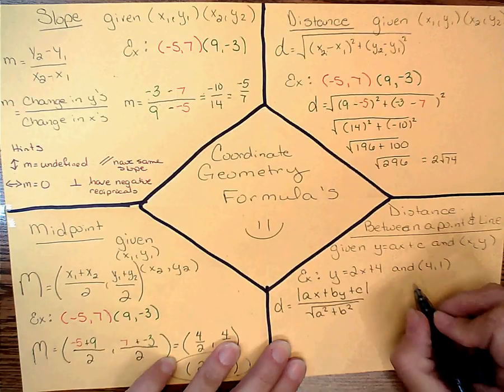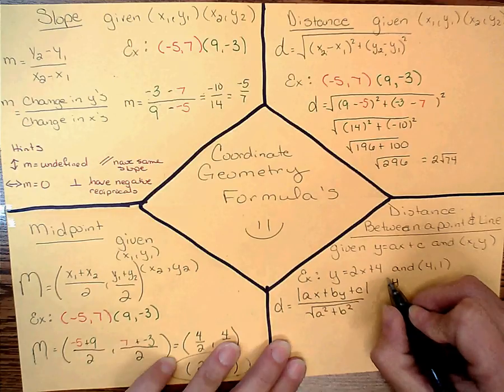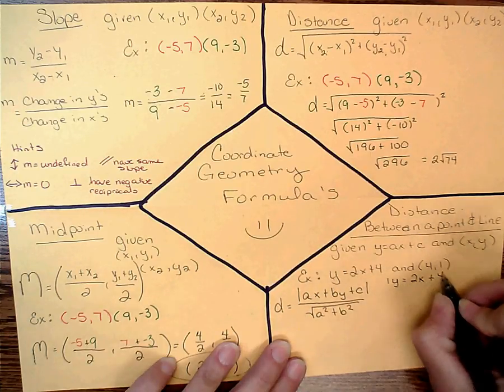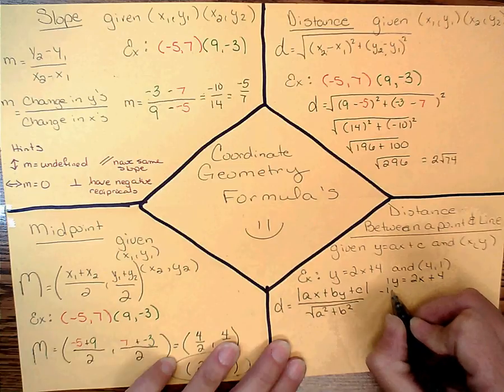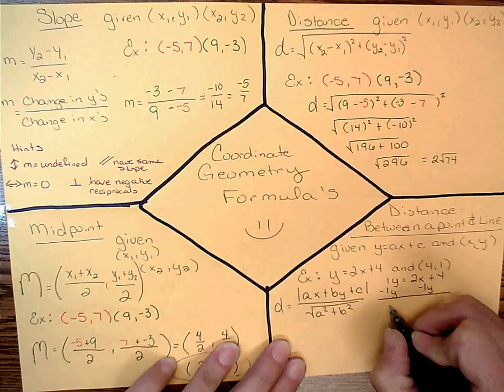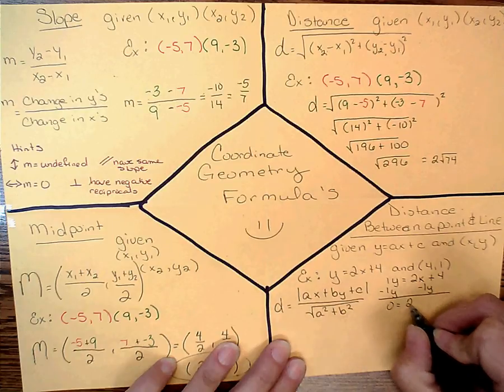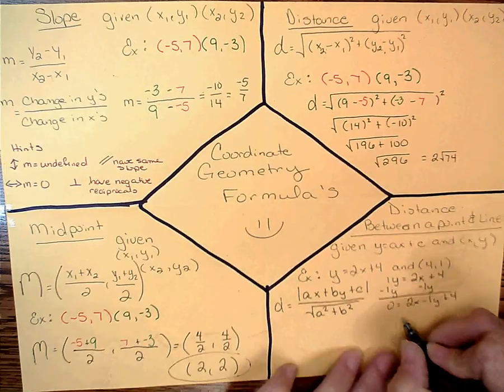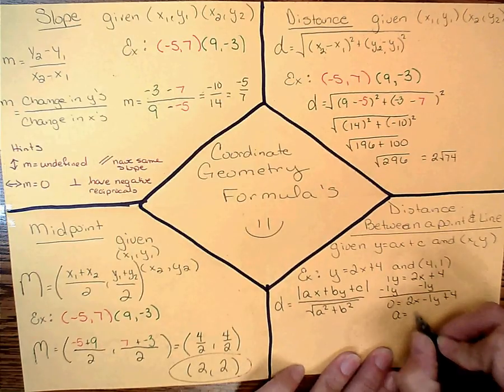So the very first thing I'm going to do is move this 1y to the other side of the equation so that I have everything on the other side. So negative 1 minus 1y. So that now gives me an equation of 0 equals 2x minus 1y plus 4. That now gives me my a value, which is in front of x, is 2.